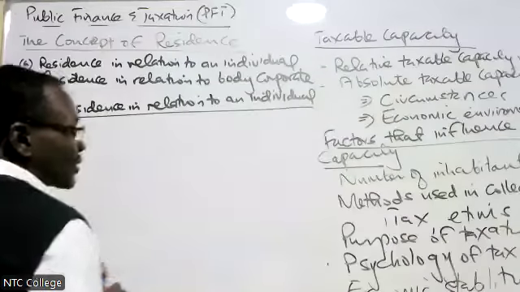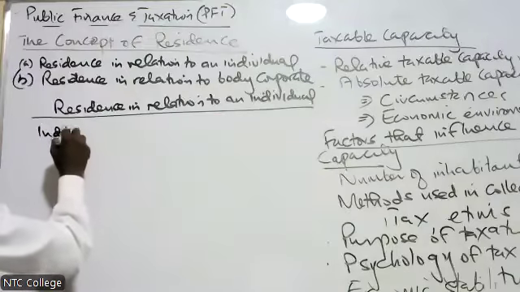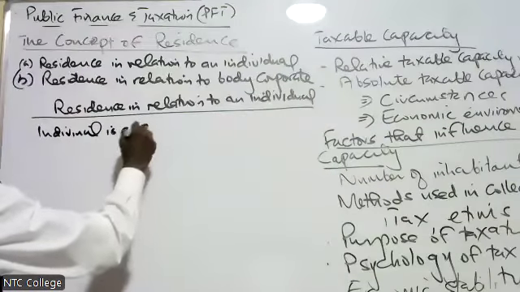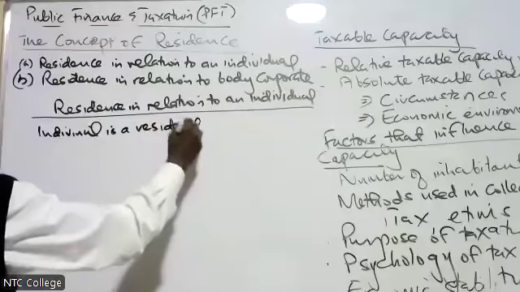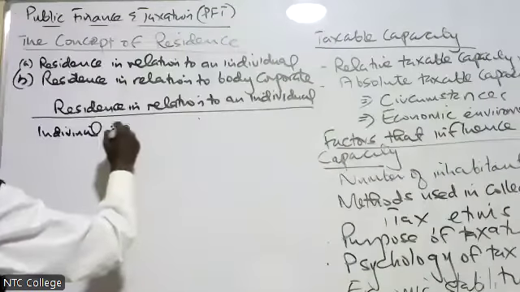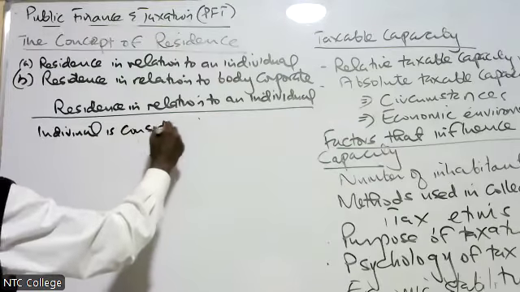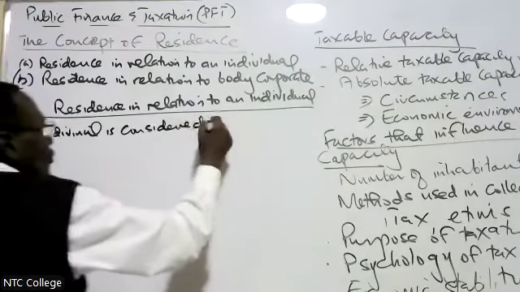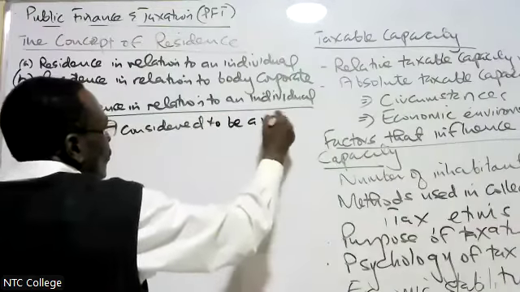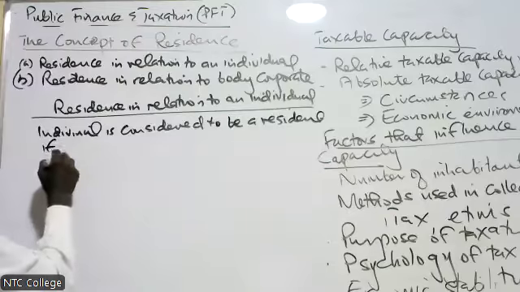An individual is considered to be a resident if three things have happened.